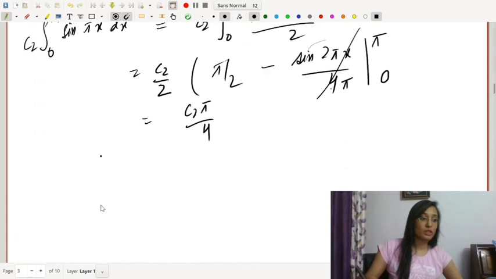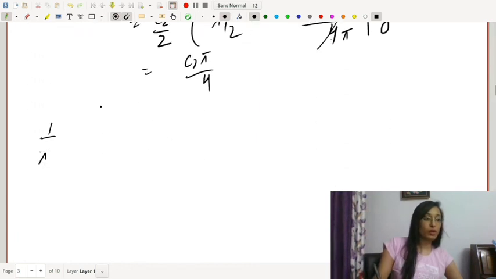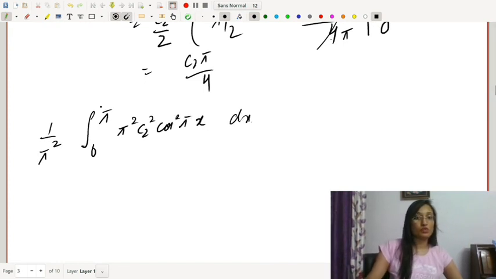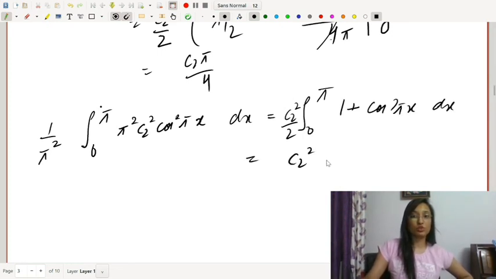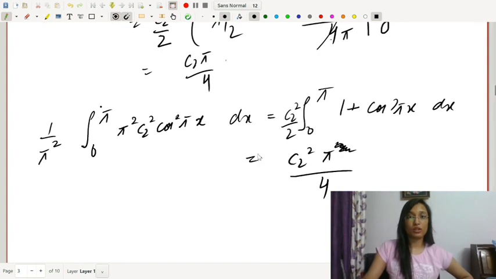And similarly 1 by pi square times integral from 0 to 1 of y dash square, that is pi square c2 square cos square pi x dx, would be integral from 0 to 1 of c2 square by 2 (1 plus cos 2 pi x) dx, which in turn is equal to c2 square by 2, and these quantities are not equal.